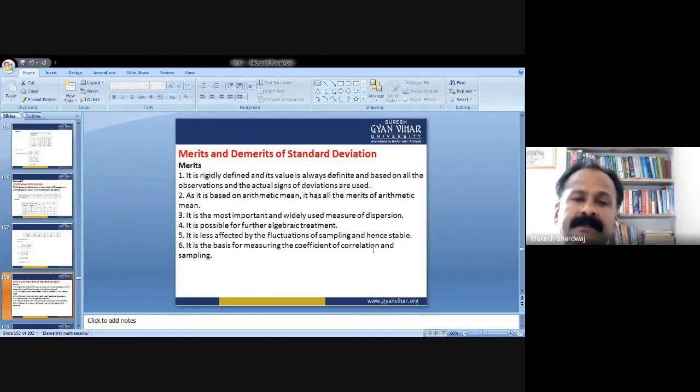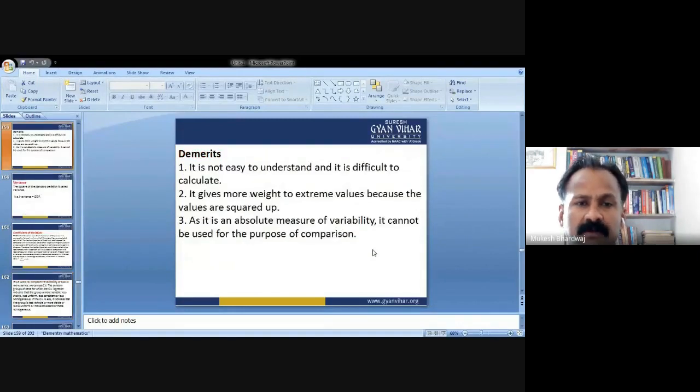Again, standard deviation is going to be used when we study correlation and regression, or finding the coefficient of correlation and regression, and in sampling. So standard deviation is a very important topic. Now these are some demerits.